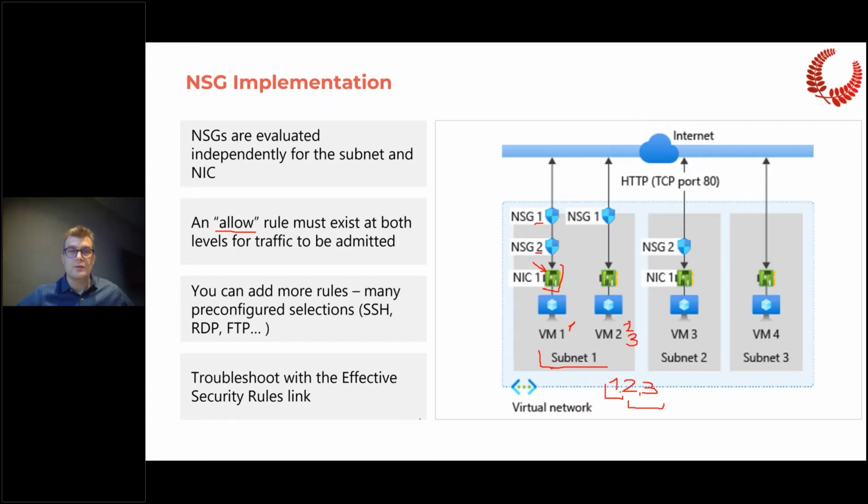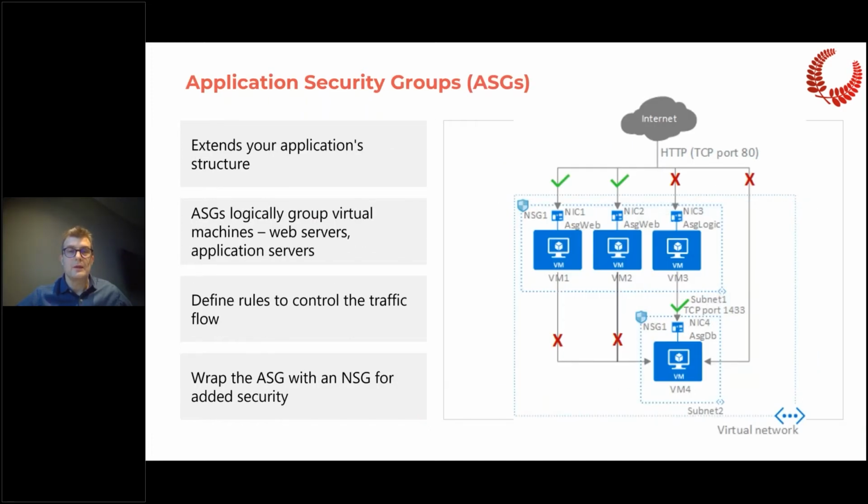We can then, of course, add additional protection by implementing application security groups. This is a similar thing: application security groups can be used in network security group rules, and that's where we group our servers, virtual machines, or computers, and add them to an application security group.